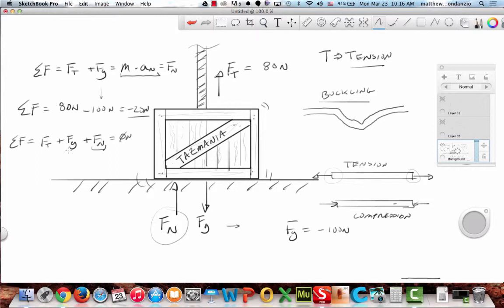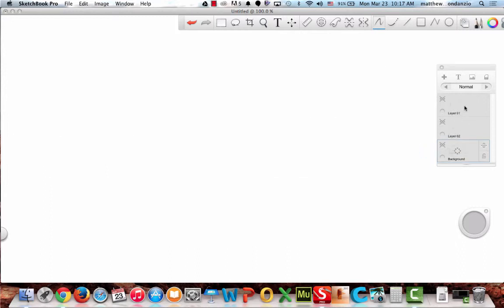But let me make one caveat. That normal force is perpendicular to the floor. Let me give you an example of what this means.